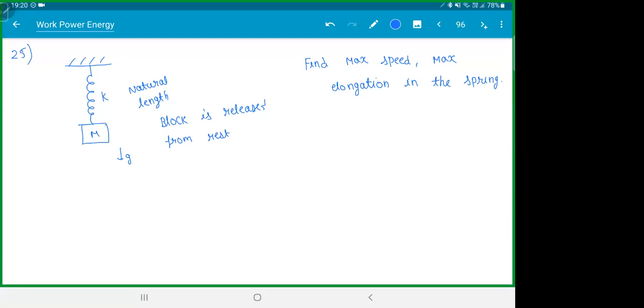Any answers? Root 2. What is X? Oh, X is elongation.